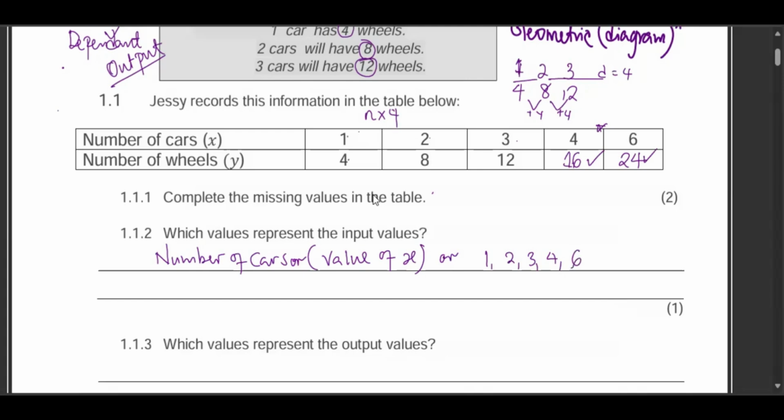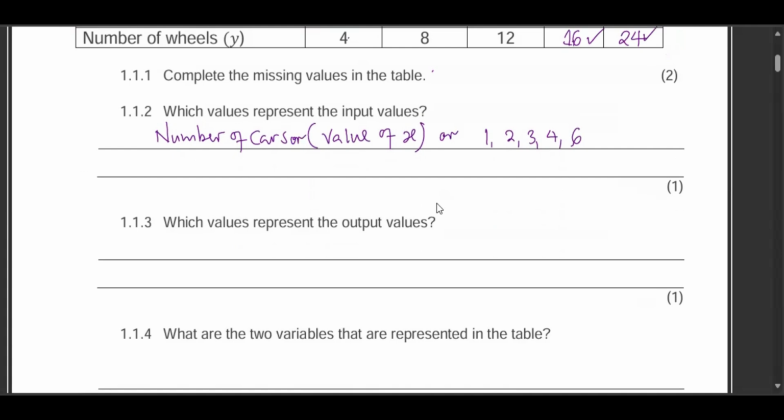These are input values. Which values represent the output values? You would have said the number of wheels, or the value of y, or you would have written 4, 8, 12. You understand? We are looking for which values represent the output.